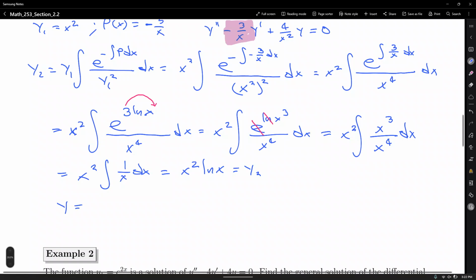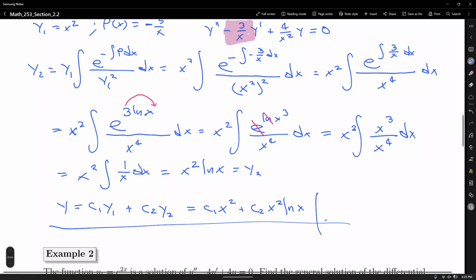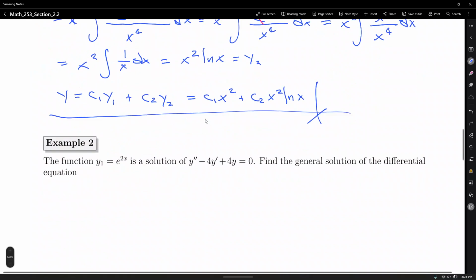That is y equals some constant c1 y1 plus another constant c2 times a second function y2. y1 is given, y sub 2 we just figured out here. All right, so c1, which we don't know what it is, times y sub 1, which is x squared, plus c2 times x squared ln x. Final answer. All right, let's do one more example and wrap up this section.